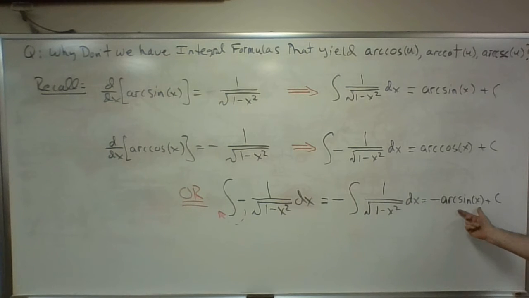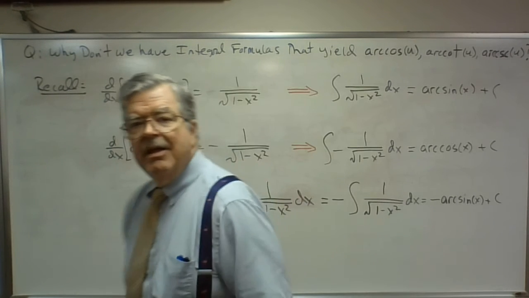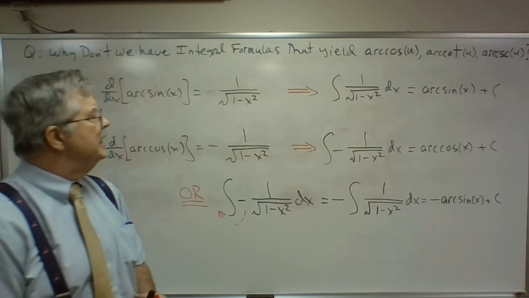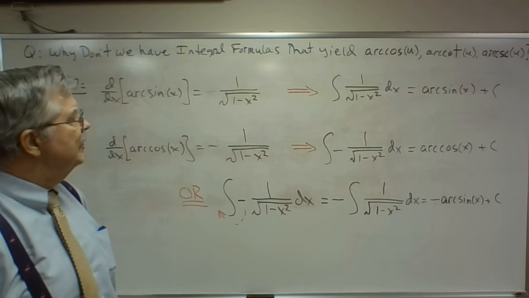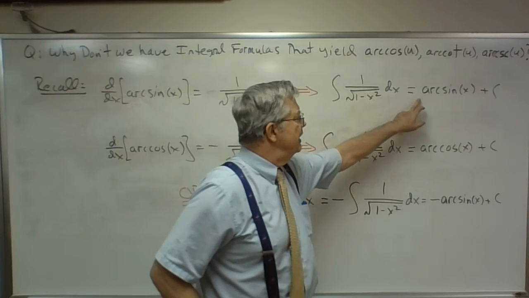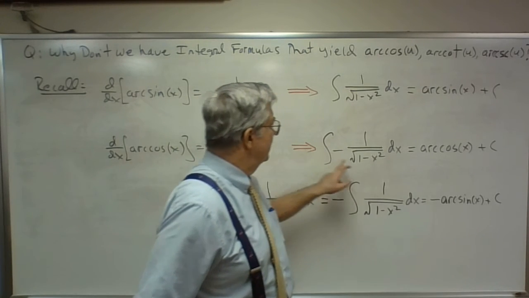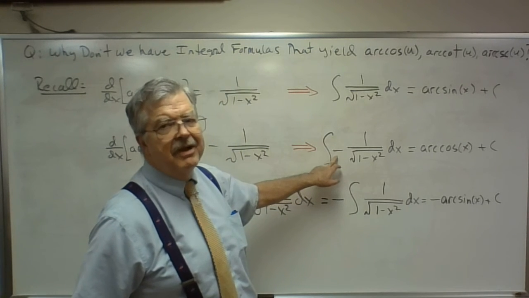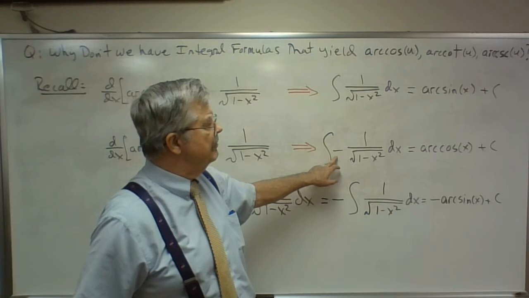And consequently, we get something involving inverse sine. The only difference between the integral formula that gives us arc sine and one that would give us arc cosine is just a negative sign as part of the integrand.